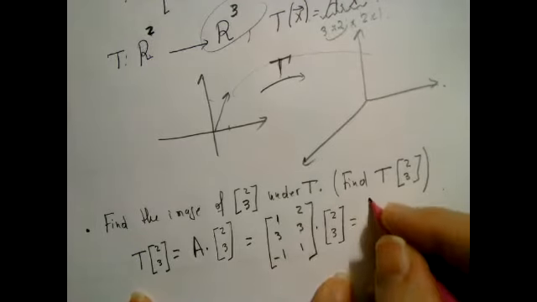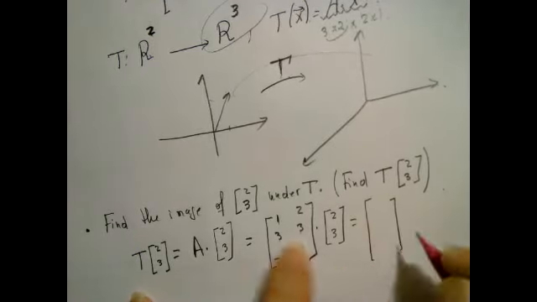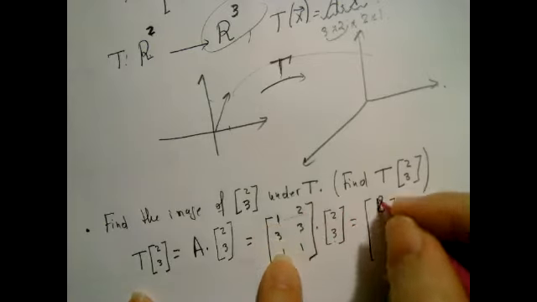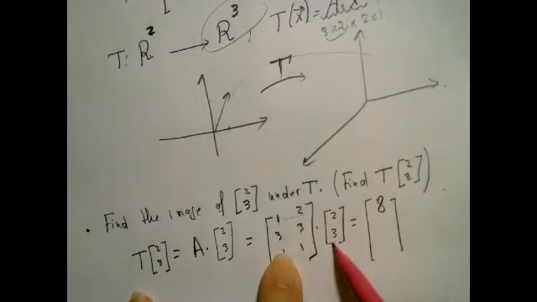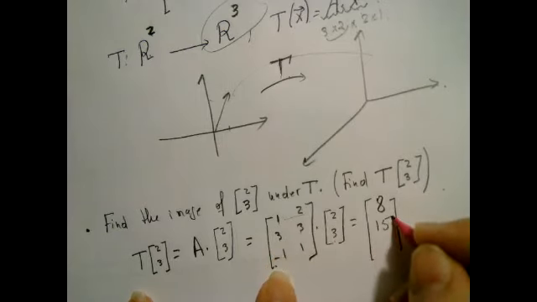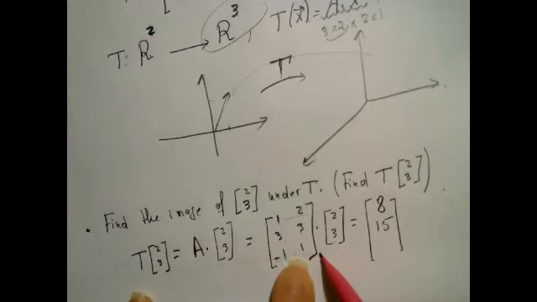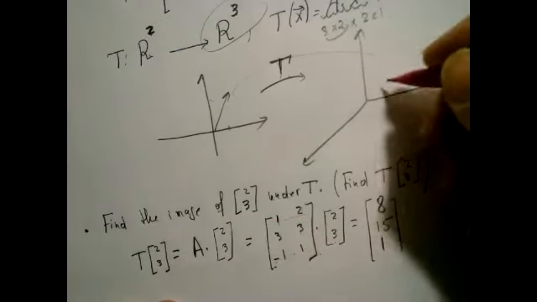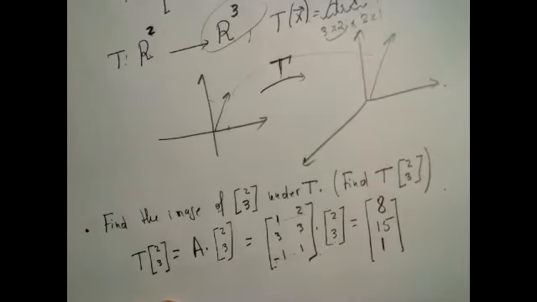So we're going to compute: 2 plus 6, that's an 8. And 6 plus 9, that's a 15. And minus 2 plus 3 gives me 1. It means my matrix will take the vector 2, 3 to the vector 8, 15, 1.